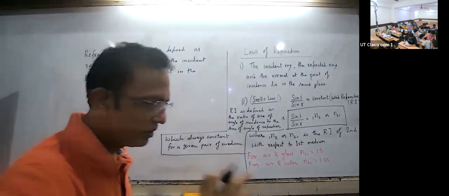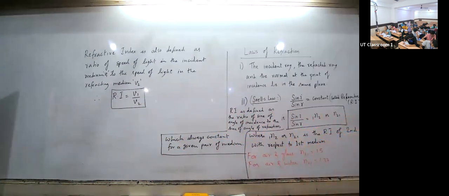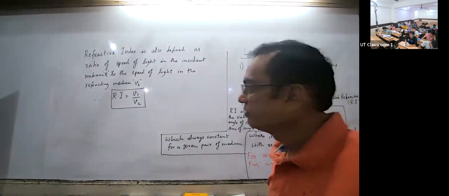So these are the two definitions of refractive index. Speed of light in the incident medium is V1. Speed of light in the refracting medium is V2.